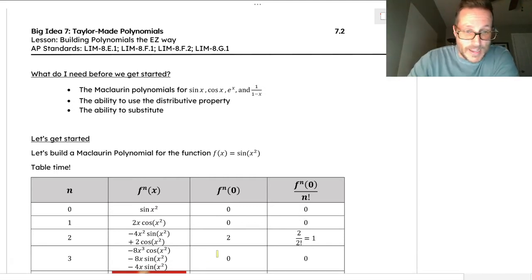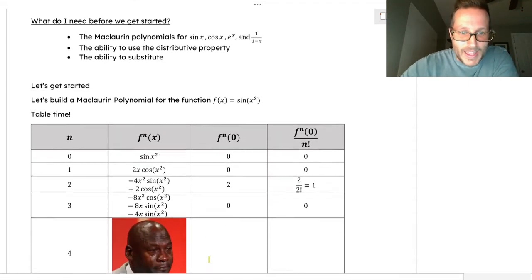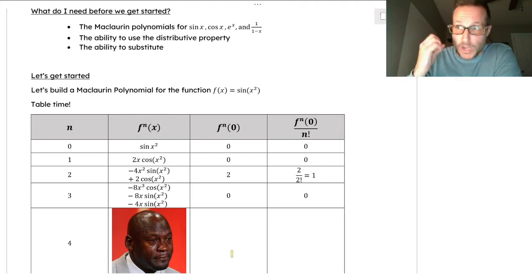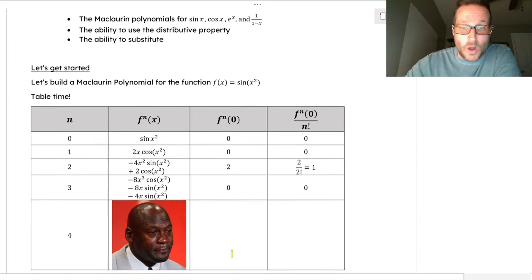Okay, you ready to take another derivative? Here we go. No, not doing it. Sorry. So far, with 3 derivatives, we have a grand total of 1 term. And we don't even know if this next one is going to result in anything.